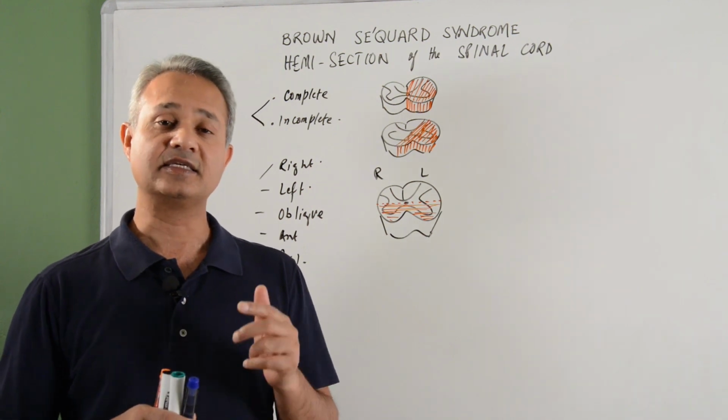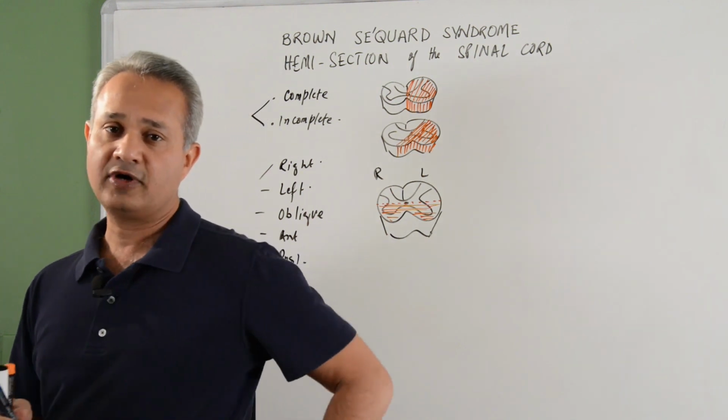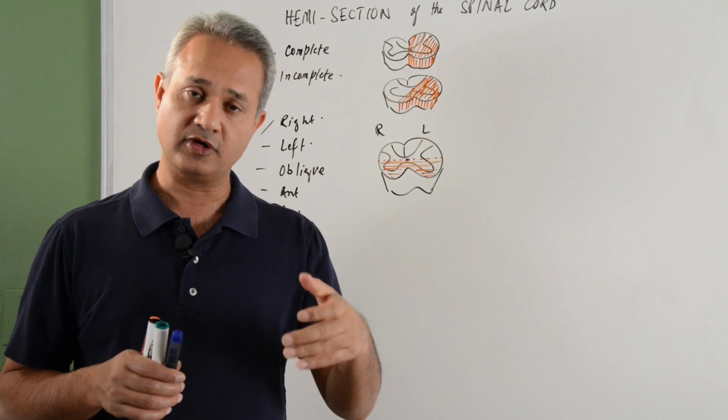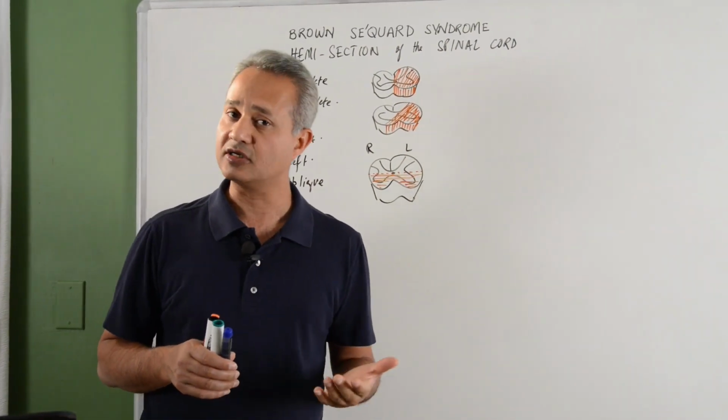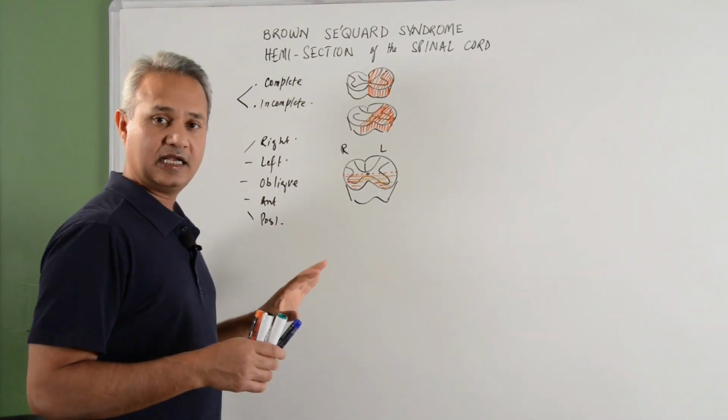And the other thing is, the reason for the injury you would see would be either a stab wound, someone stabbed someone in the back, or a shot or bullet wound destroying one section or more sections of the spinal cord. So these are various classifications.